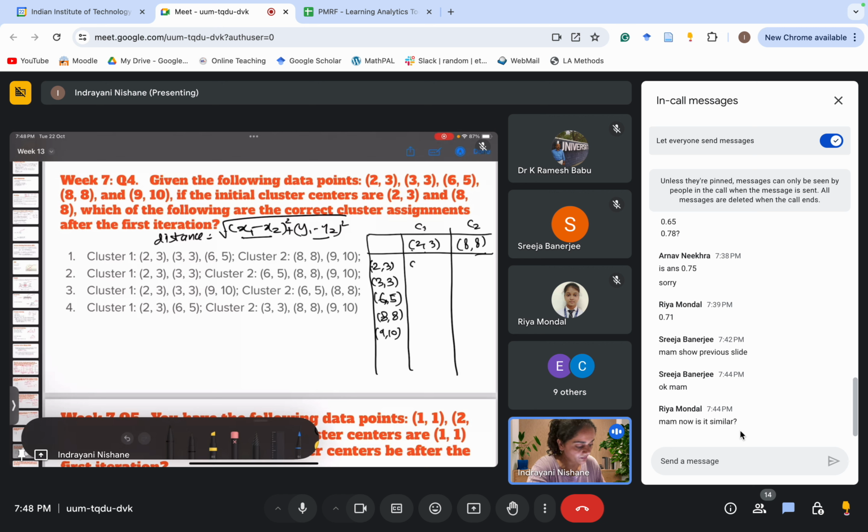2 minus 2 is 0, 3 minus 3 is 0. So the distance between this point and the centroid is 0.